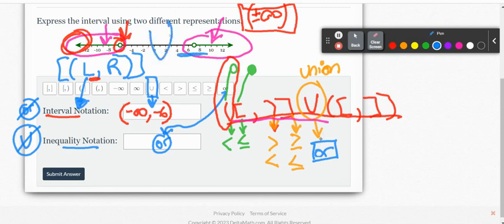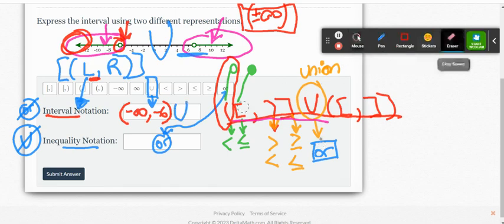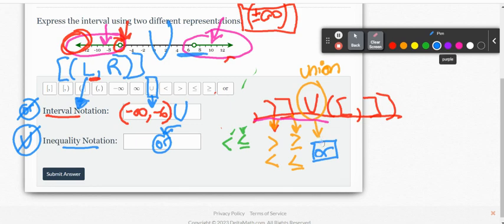In the middle, we want to use the union symbol. So we put union, and then we need a little more space here, so I'm going to erase this. So now we need to start again at 7, comma, it goes forever to the right to infinity. Okay? That's how we do interval notation.